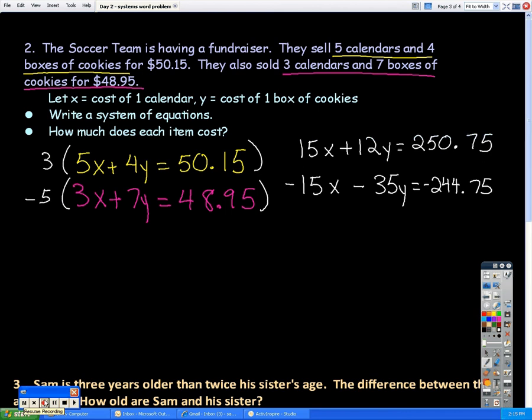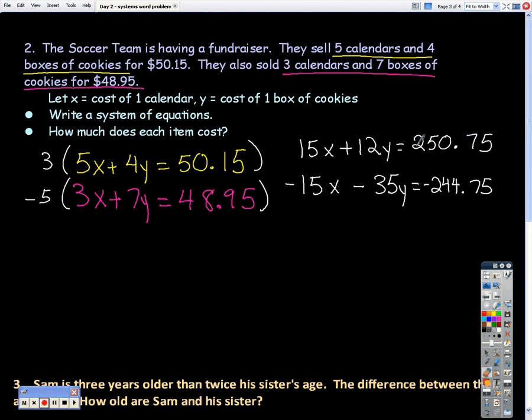Okay, so I just realized I made an arithmetic mistake. I was thinking there, wait a second, something is not working out right. That's a mistake. You probably already caught it.